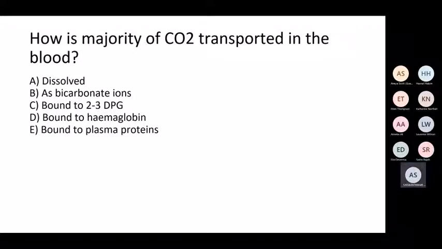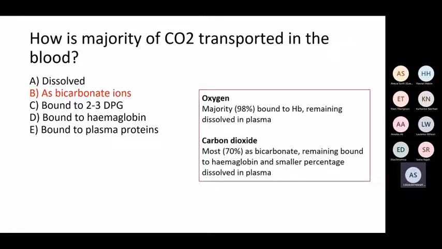I can't access the chat, but I say B. Cool. So everyone so far is saying B. Okay, cool. So B is the correct answer. So carbon dioxide, the majority of it does go around as bicarb. Of the remainder, about 20-something% is bound to hemoglobin, and a small percentage of it goes into the plasma and dissolves in there. Oxygen, most of it's bound to hemoglobin, so 98% of it, and the remaining is dissolved in your plasma.